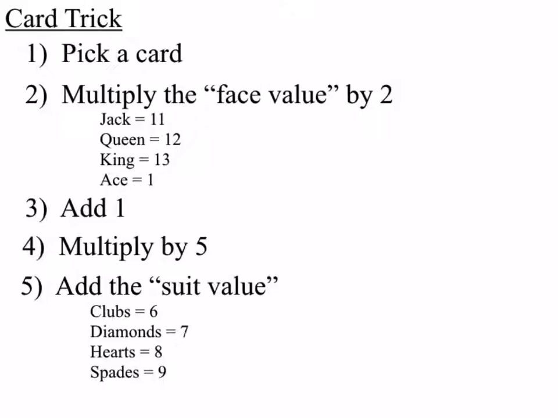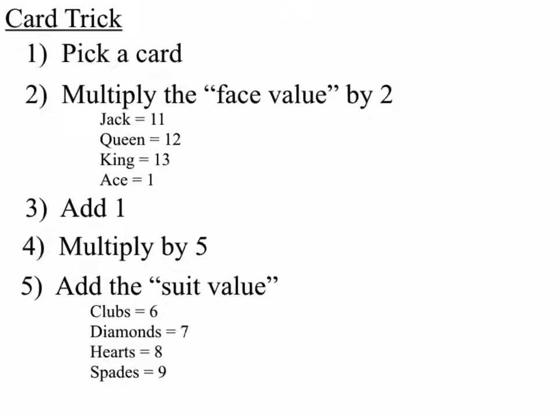And what you're going to do is multiply the face value by 2. So if you have a 5, the face value is a 5. If you have an 8, the face value is an 8. But I had to define what a jack, a queen, and a king were, because otherwise most people would probably say they're worth a 10.